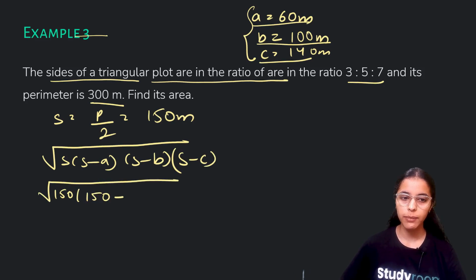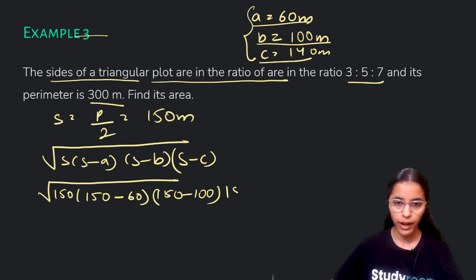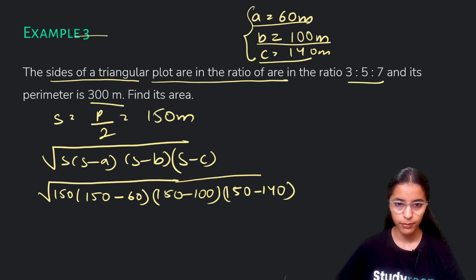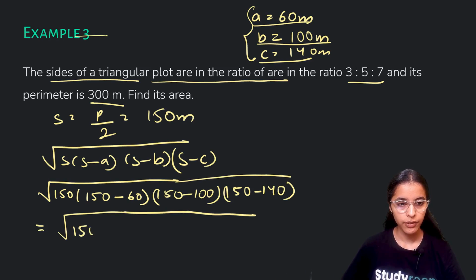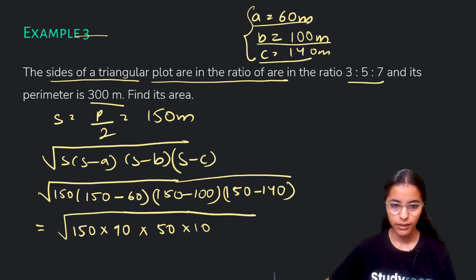So we'll get 150 into 150 minus 60, which is 90, 150 minus 100, which is 50, and 150 minus 140, which is 10.